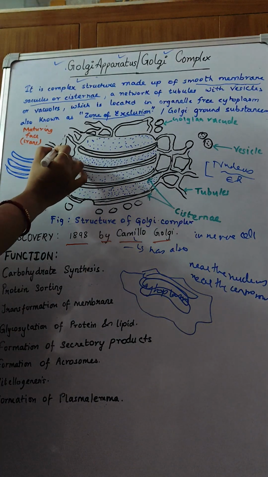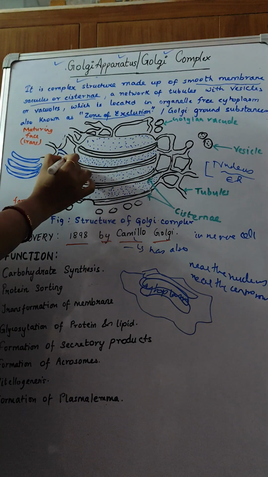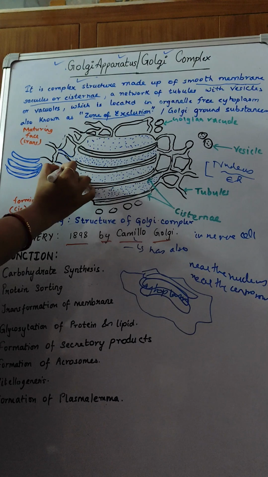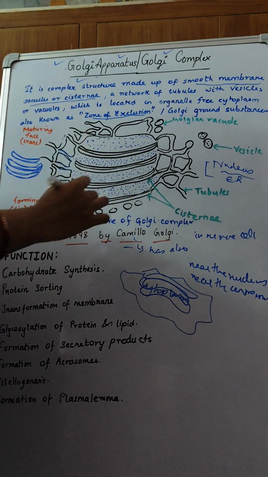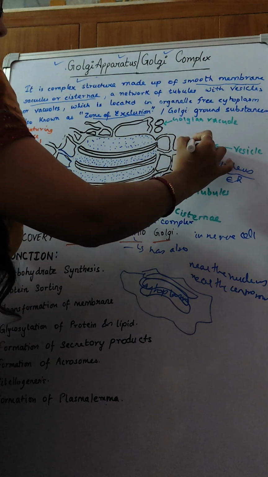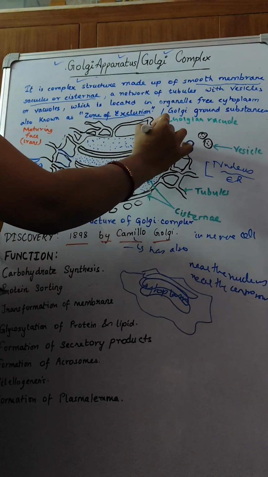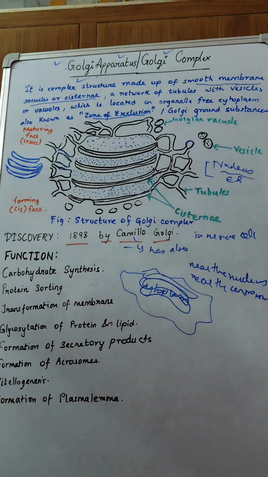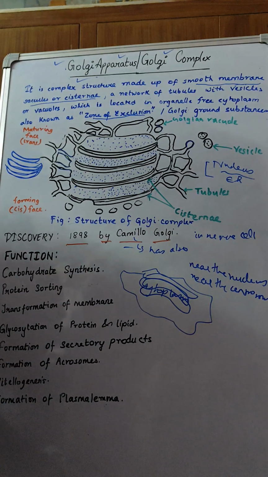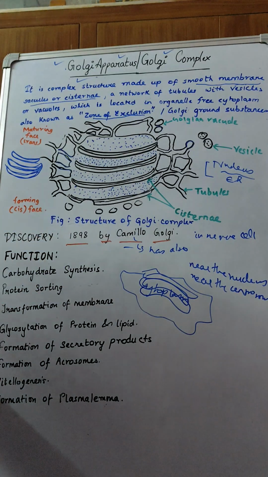You can see here I have drawn the tubules also. This pipe like structure, the tubule, is present there, and it will contain vesicles also. It will also contain Golgian vacuoles, small spherical bag like structures. It is present in the Golgi ground substance or zone of exclusion.